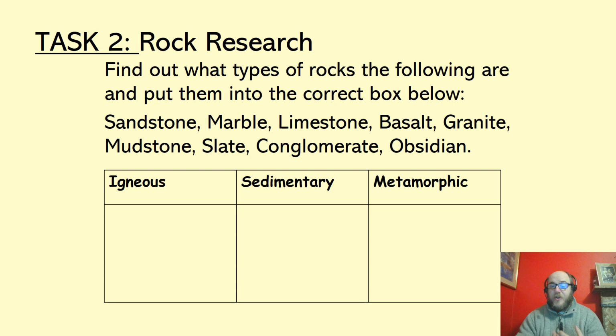Some of those you'll be able to do already. Right, pause this video and off you go. Do a little Google search to try and find out which one is which.